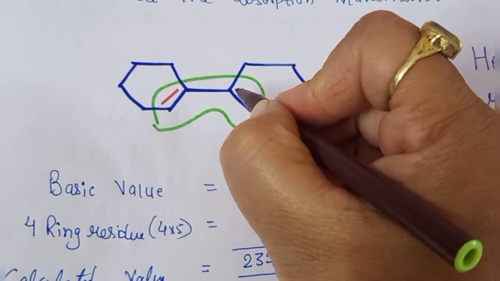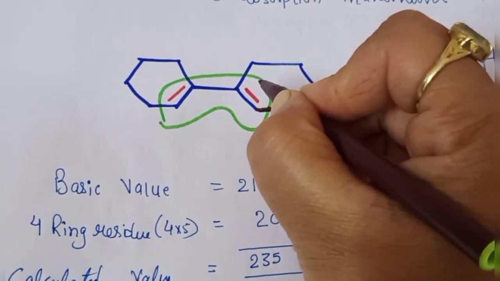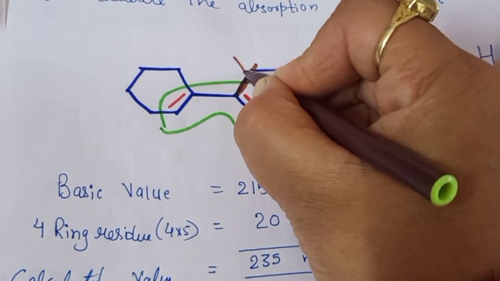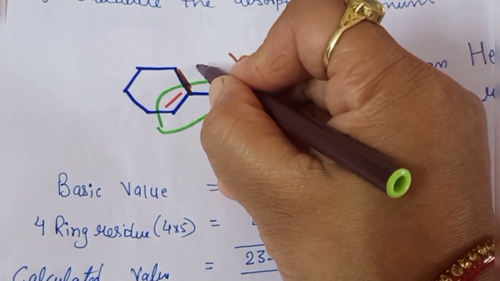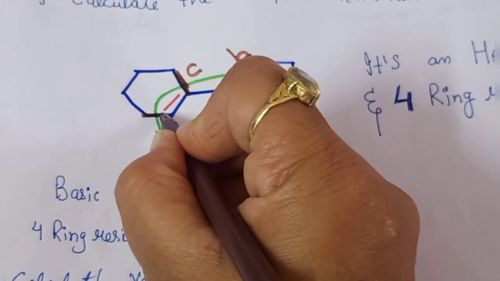Here you see which are directly attached. This is your main system and this part is directly attached, so that is one ring residue. Second, start from this point. Similarly here also it is directly attached. This is the third ring residue, and here you can see the fourth part.